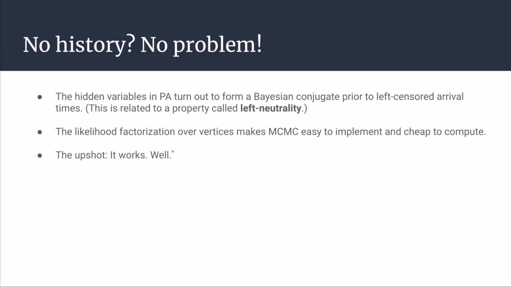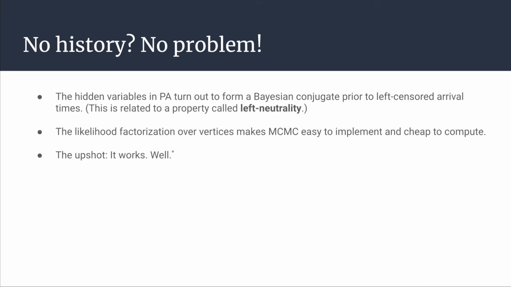But it turns out that those hidden variables I mentioned before in preferential attachment form a stochastic process that is a Bayesian conjugate prior to left censored data. Okay, so they have this property called left neutrality, and you can show that using them as a prior gives you a posterior distribution in that same family that has left neutrality, and that's what's underlying that likelihood factorization.